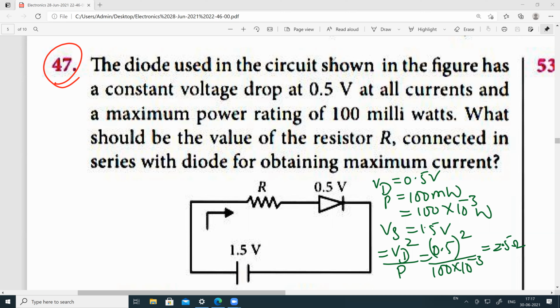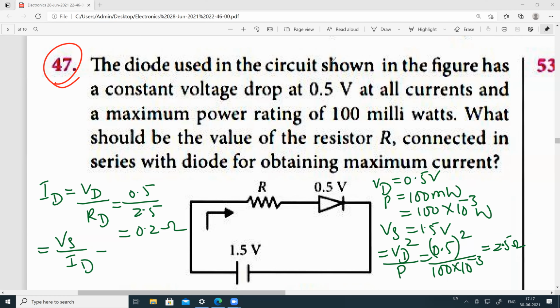Then the current in the diode is calculated by ID is equal to VD divided by RD, which is 0.5 divided by 2.5, so we are getting 0.2 ampere. The total resistance is given by the formula Vs divided by ID, which is 1.5 divided by 0.2, equal to 7.5 ohm. The value of the series resistance we get by taking the difference, 7.5 minus 2.5, which is 5 ohm.